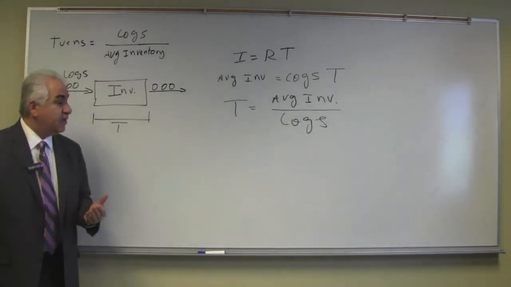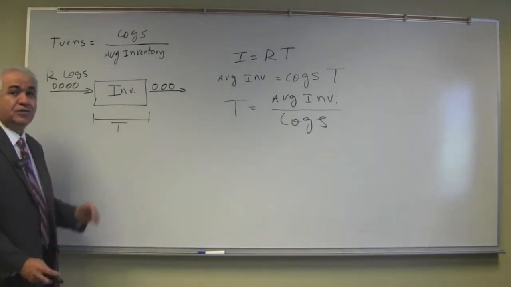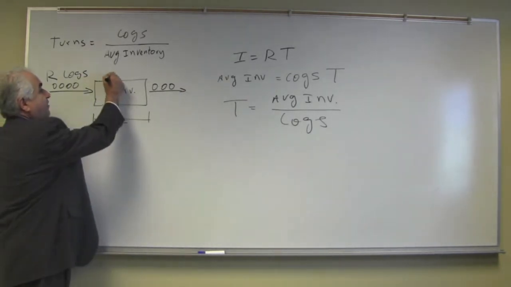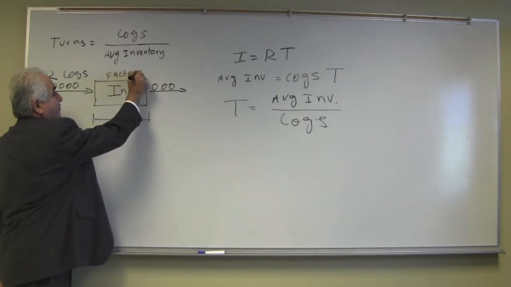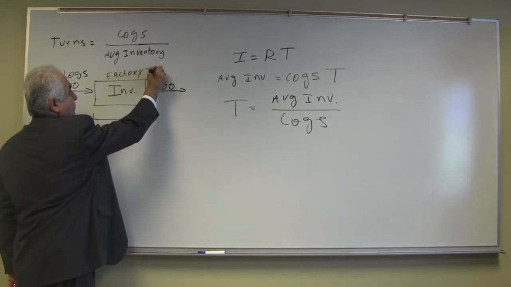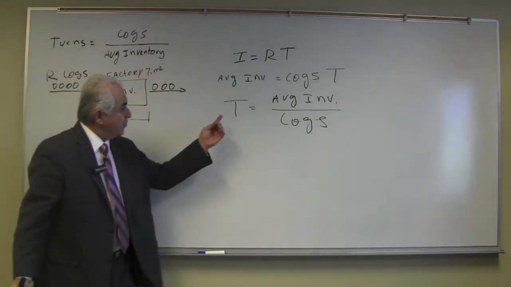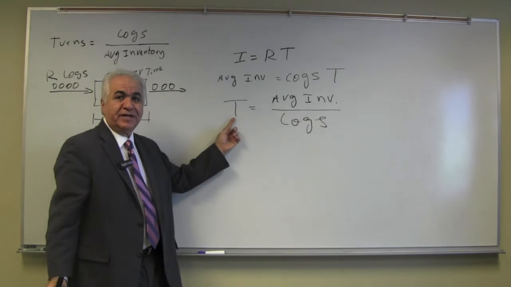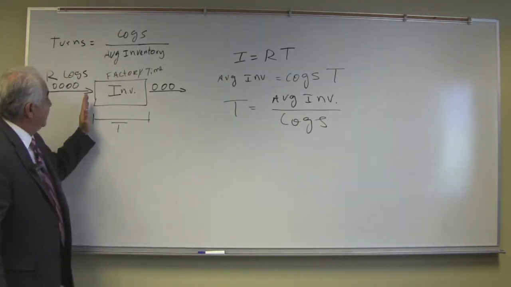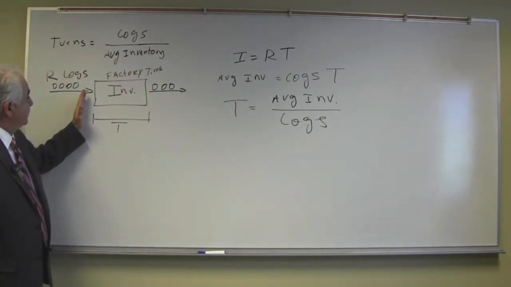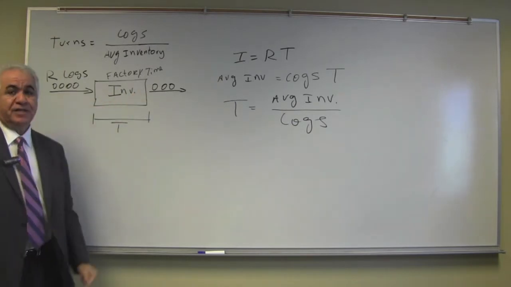Another way you can think of it, maybe consider flow time as your factory time. Therefore, this flow time is a reference to how long it takes to convert the dollars into finished products.